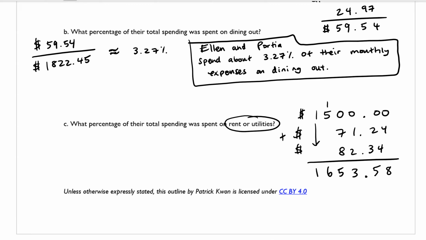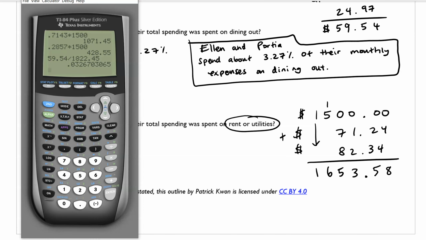And so we're still seeking the percentage. So I want to do $1,653.58. And I want to divide that by our total spending. So let's go ahead and plug that into our calculator. So we have 1653.58 divided by 1822.45.